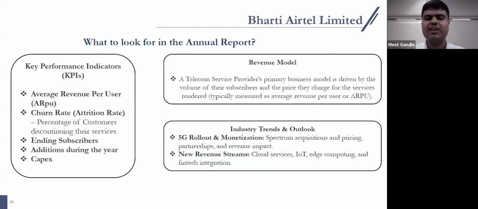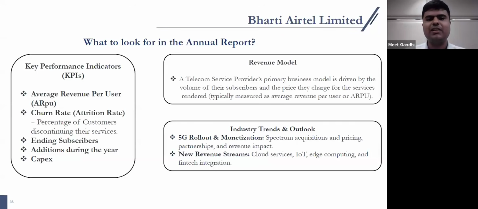The revenue model of the telecom service provider is basically how much they charge for their main services, which may be prepaid or postpaid services, and the other services such as fiber services and direct to home services, like Jio Fiber or Airtel Xstream, which are broadband services.